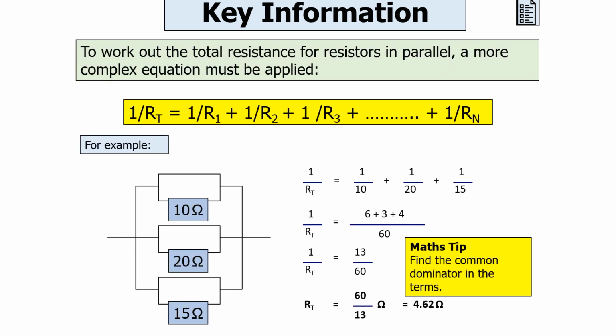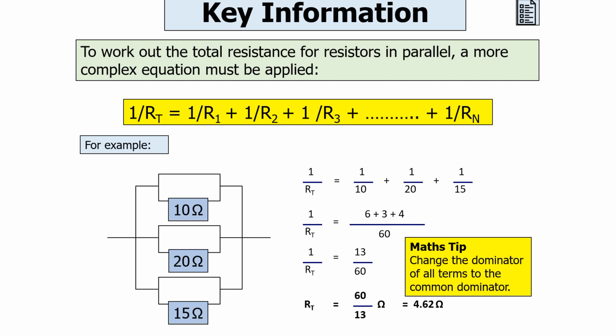An example of the mathematics behind this: if you had 10 ohms, 20 ohms and 15 ohms of resistors all in parallel with each other, you would do 1 over R total is equal to 1 over 10 plus 1 over 20 plus 1 over 15. You would then find the common denominator, which is 60, so it will be 6 over 60 plus 3 over 60 plus 4 over 60.